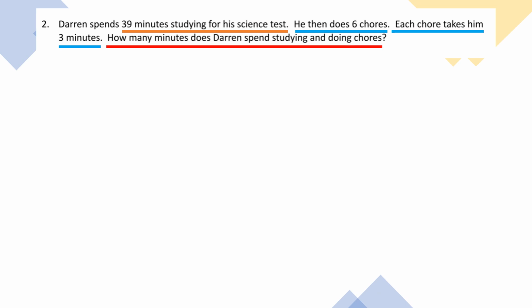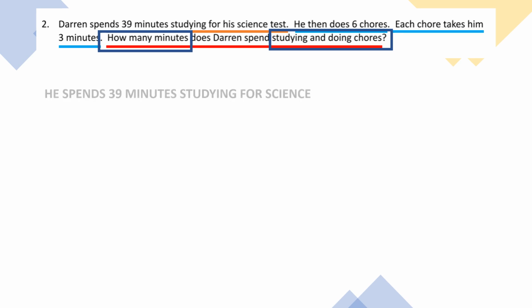I see the word each, so I know there's something there. And the question asks, how many minutes does Darren spend studying and doing chores? I boxed that in because that's really important. That's the question that I'm trying to answer. How many minutes does he spend studying and doing chores?